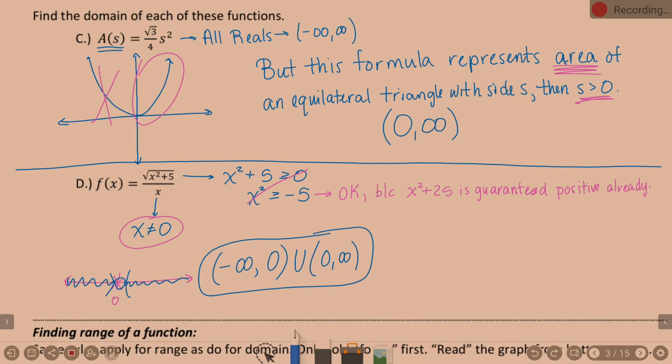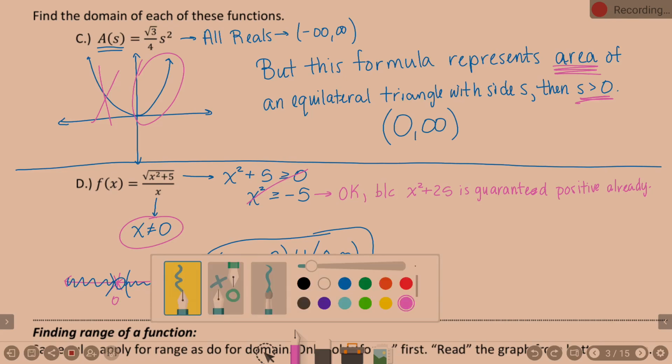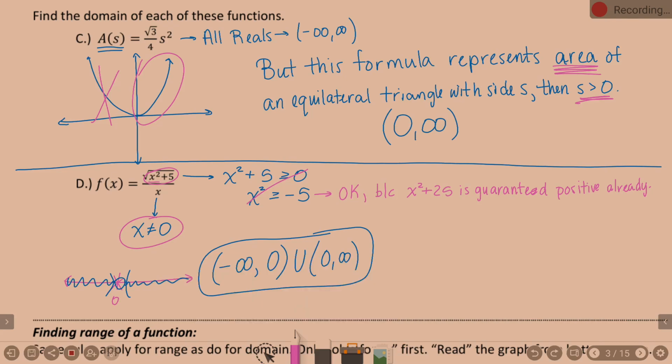When I backtrack and look at this, I start thinking, x squared. We know x squared has to be positive because when you take any negative and square it, it becomes positive. And then when I add 5, it's going to become more positive.